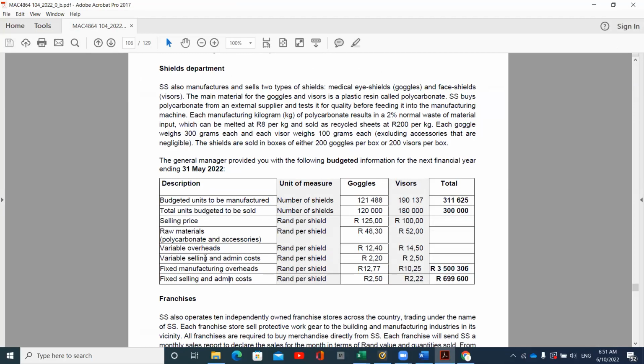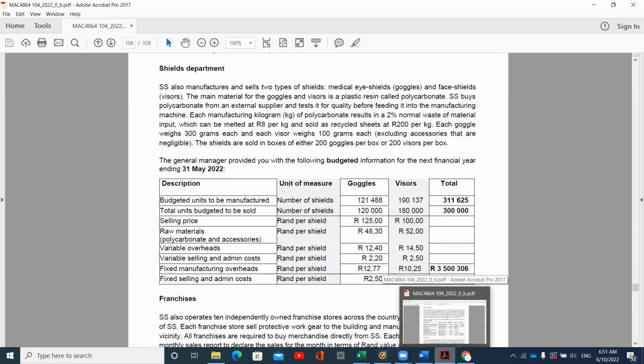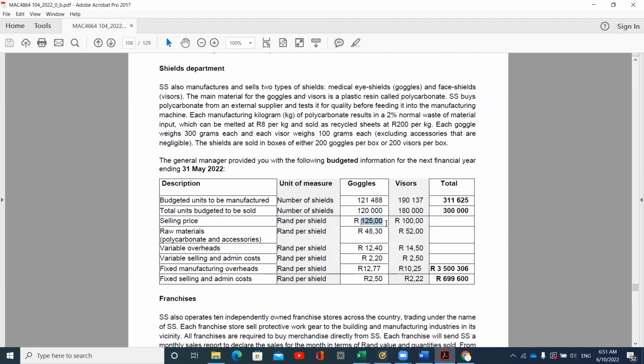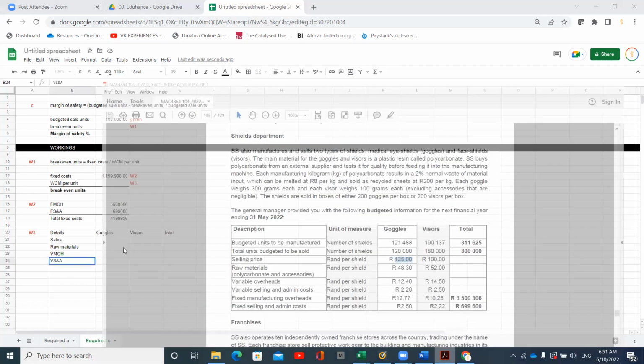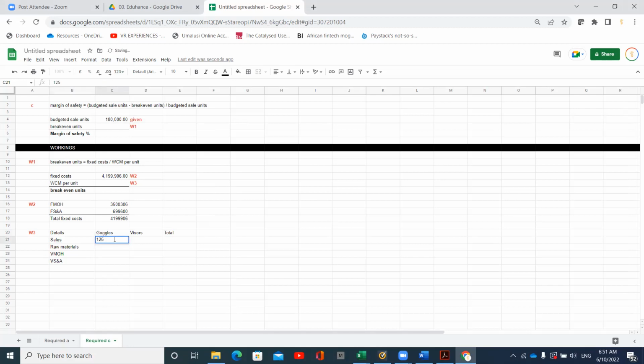Okay, so that's about it. Now let's have a look. The selling price is 125 and 100. So this will be contribution margin per unit.